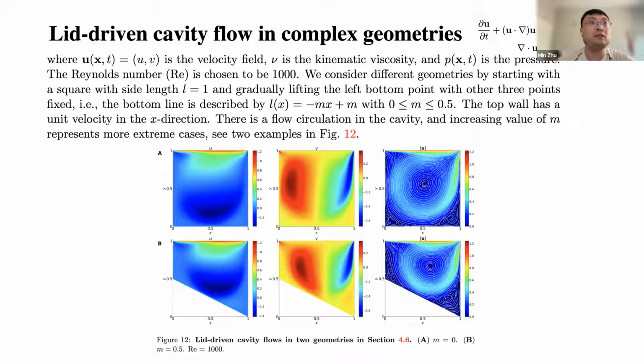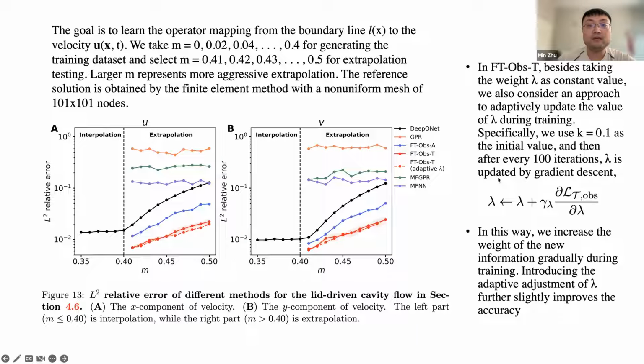The top row is m equal to 0, and the bottom row is the case when m is equal to 0.5. And the goal is to learn the operator mapping from the boundary line Lx to the velocity Ux.